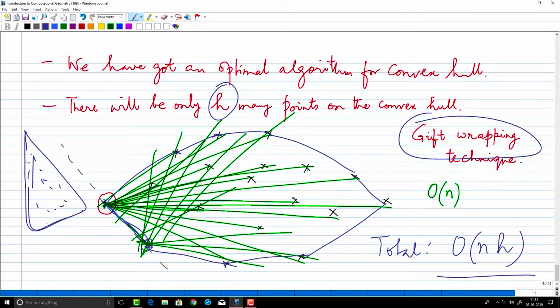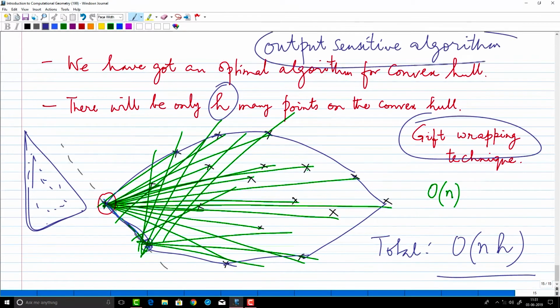This kind of algorithm which depends on an output parameter is known as an output sensitive algorithm. So, this algorithm's time complexity is sensitive to an output parameter.